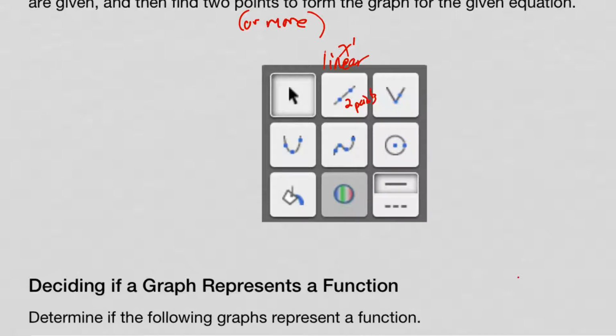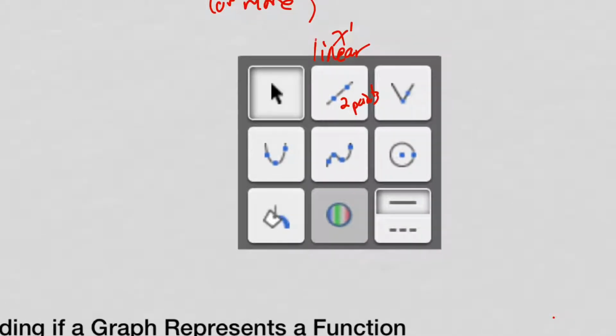Okay, you can see the 2 dots there. All right. Now this right here is the absolute value, which is an x to the first power in absolute value bars. And you need 2 points as well.